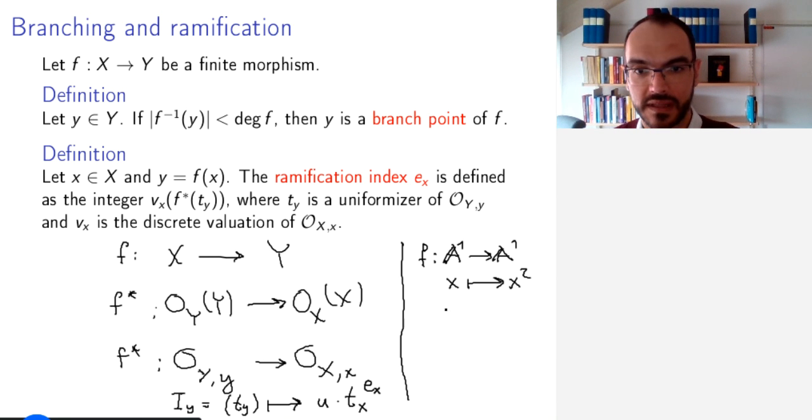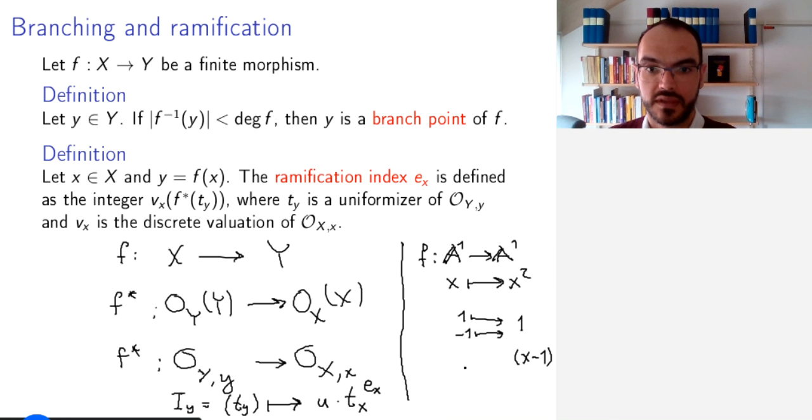So what happens here? Well, let's look at the point 1 here. So both 1 and -1 map to 1. So what happens with the uniformizer of the ideal at 1? Well, the ideal at 1 is generated by x minus 1. And when I pull it back along the squaring map, it will go back to x squared minus 1, which is x minus 1 times x plus 1.